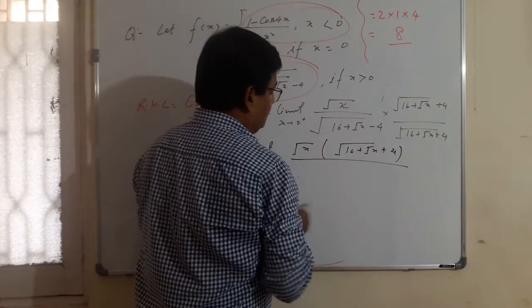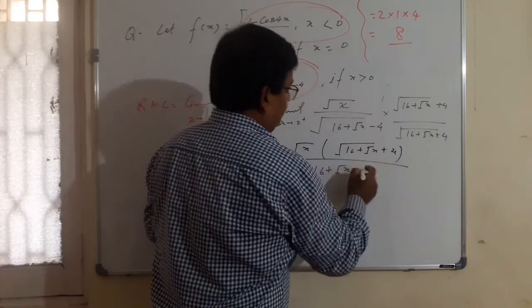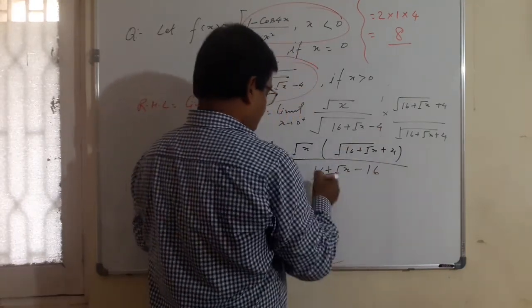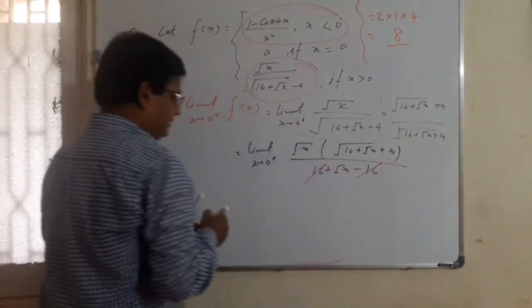So it becomes 16 plus root x minus b square, minus 16. So plus 16 and minus 16 cancel.